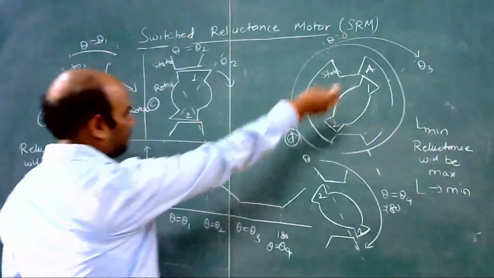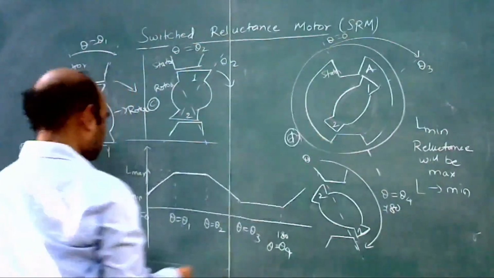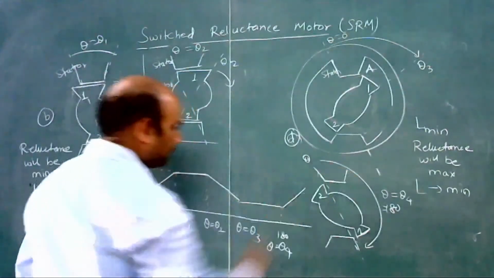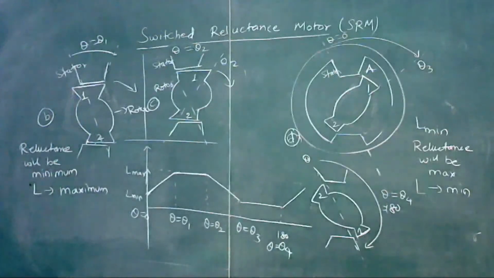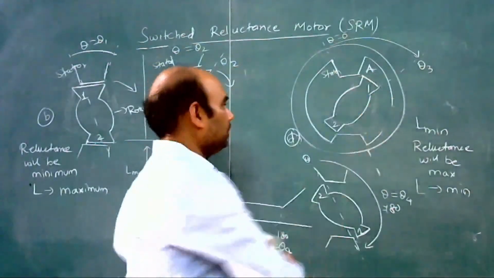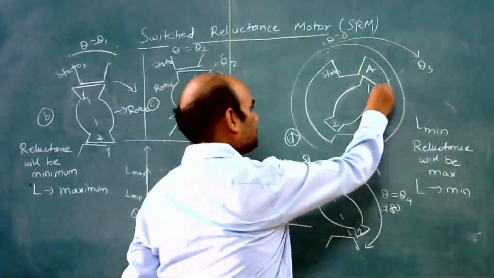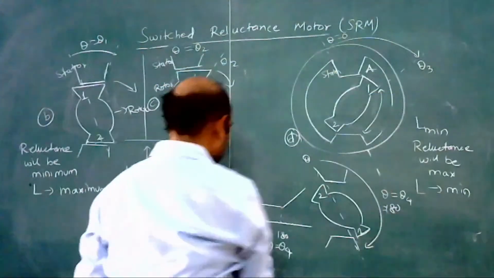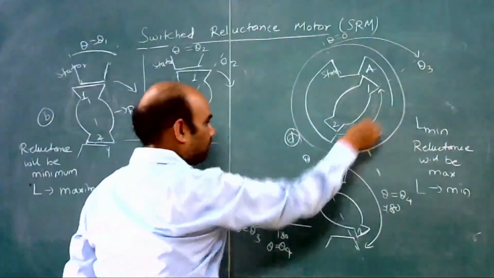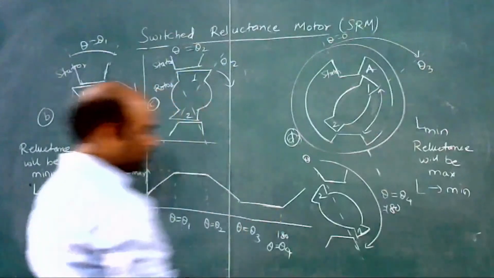Again the same procedure will take place. And when you take from theta 3 to theta 4, the reluctance remains the same. So reluctance will be maximum here and inductance will be minimum.